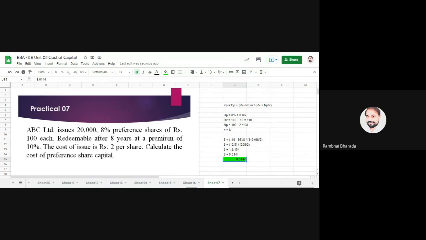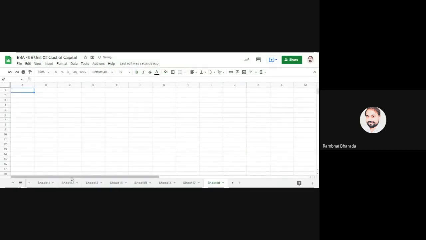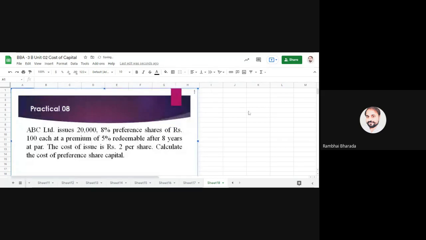Okay, let me take one more practical question so we can get a clear idea about the practical aspect. I am not going to read this question. You need to read this entire question. I am writing the formula and I will ask the values to you. Here we are calculating cost of preference capital.